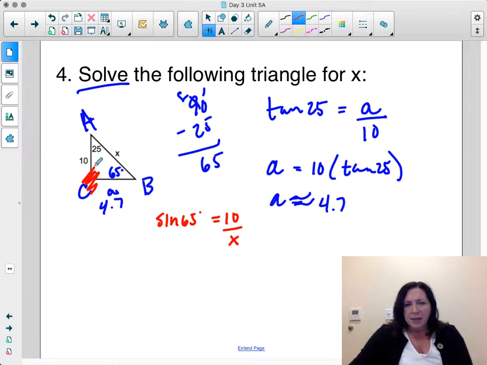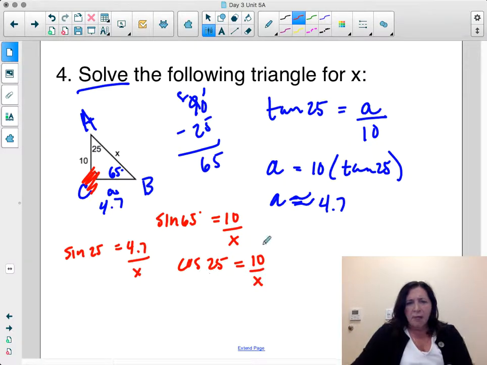Angle A, I could also do sine. Of course, I could go sine of 25 degrees equals 4.7 opposite over hypotenuse. I could do cosine of 25 degrees is equal to 10 over x. So I have a lot of options to solve for x. Just pick one that appeals to you and solve for x like that.